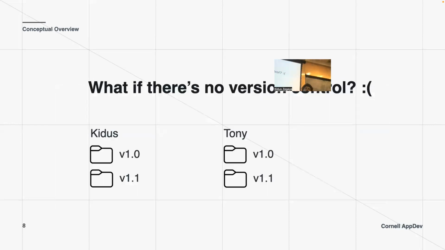Imagine you're trying to make a project with a bunch of other people, and you're not working on the same laptop, but working separately, and you don't have any sort of version control. I'm working on version 1.1 of the code, and so is Tony. But imagine that I make a new feature and call it version 1.2.